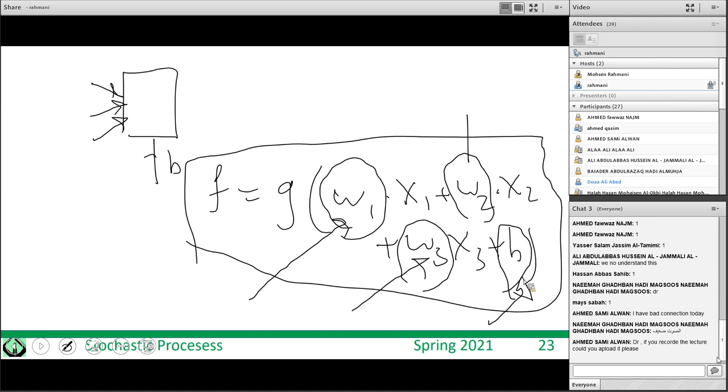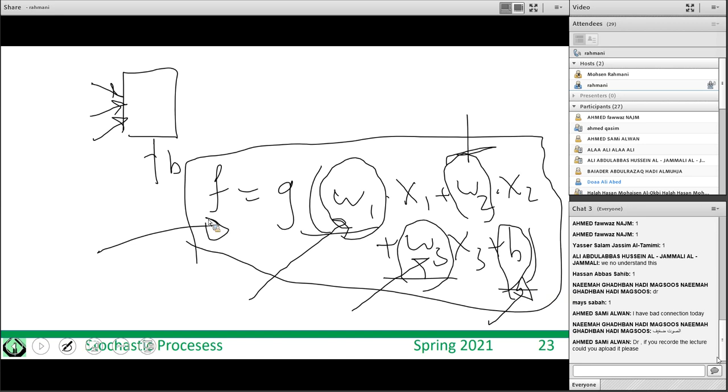We have the same formula for B. We can update the values of these parameters by SGD, and finally we find W1, W2, W3, and B.